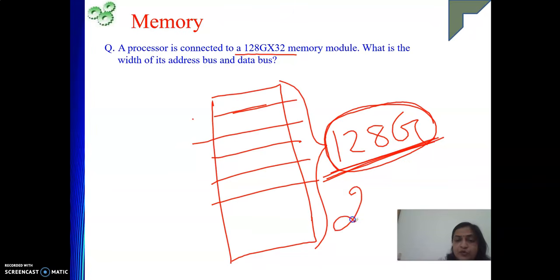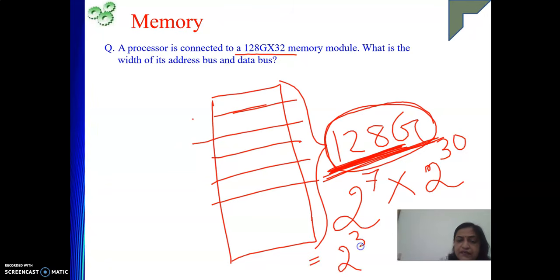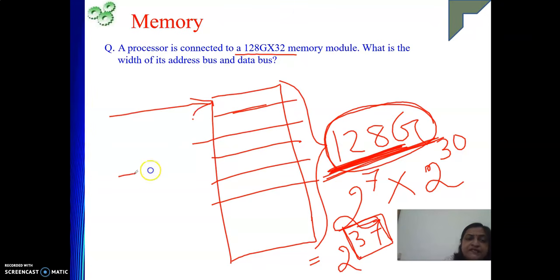So what is that? 128 is 2 to the power 7, and G is 2 to the power 30. So as a whole it is what? 2 to the power 37. So these 37 bits are required to represent an address in the memory.